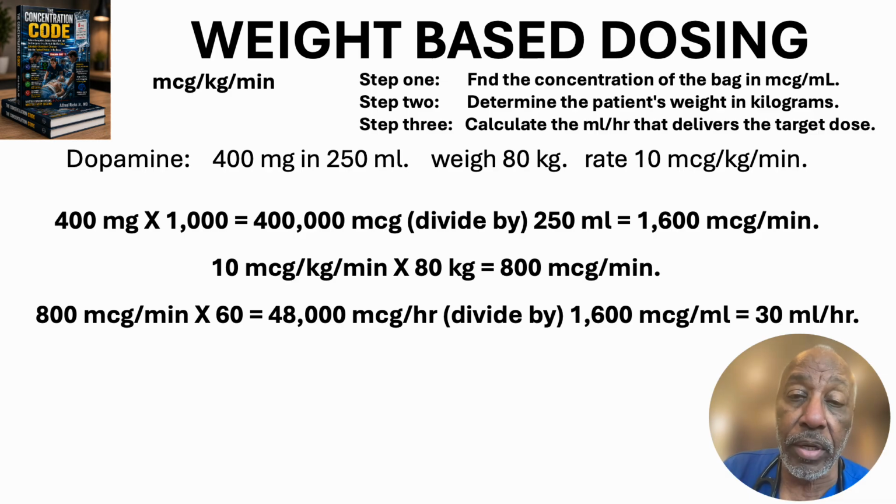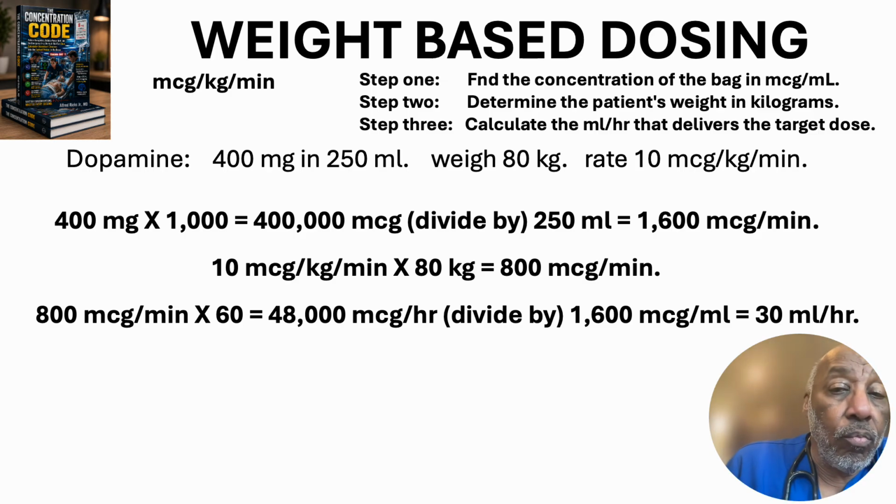Start with 400 milligrams. Move down one rung on the ladder by multiplying by 1,000. That gives you 400,000 micrograms. Divide by 250 milliliters. That gives you 1,600 micrograms per milliliter. The bag contains 1,600 micrograms of dopamine in every milliliter.